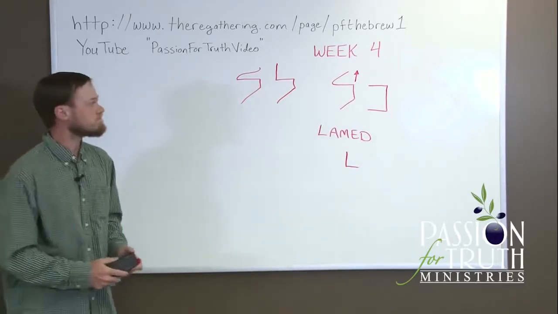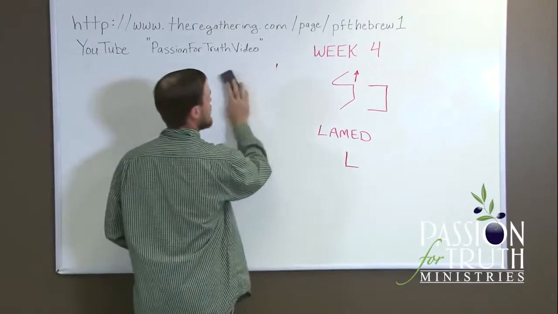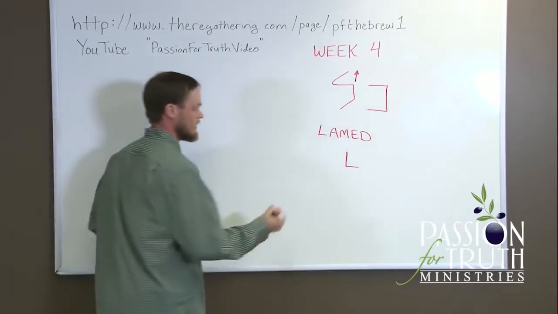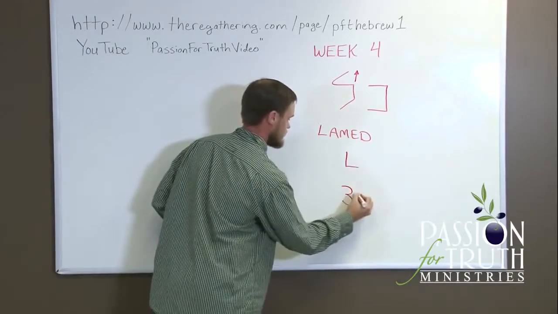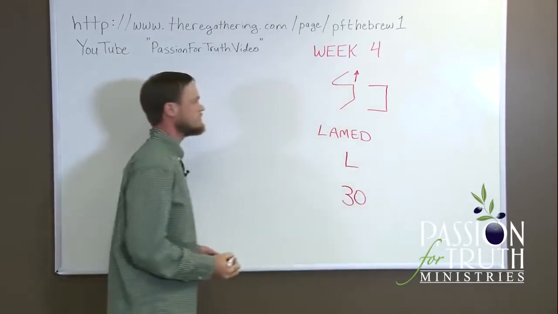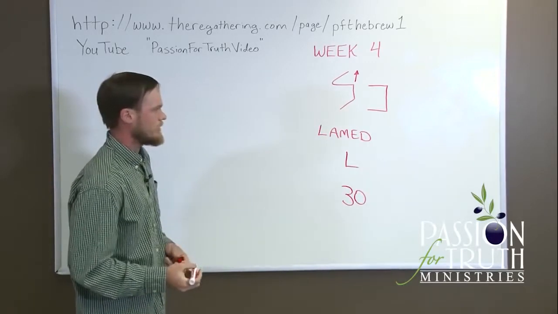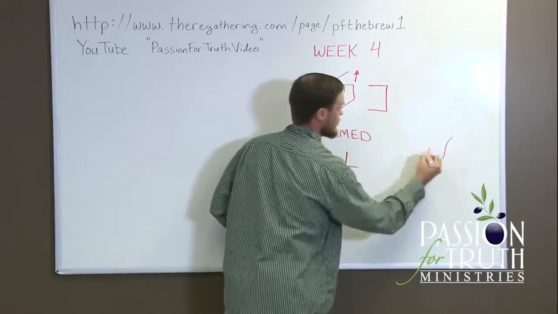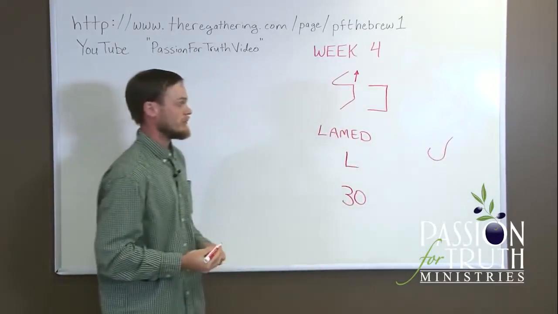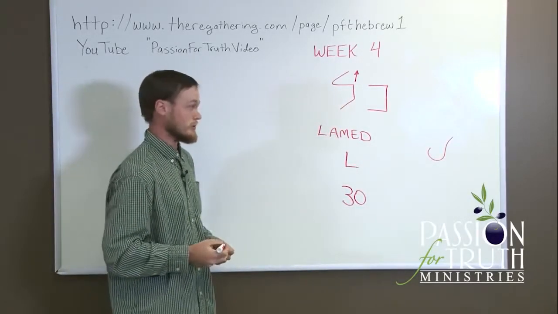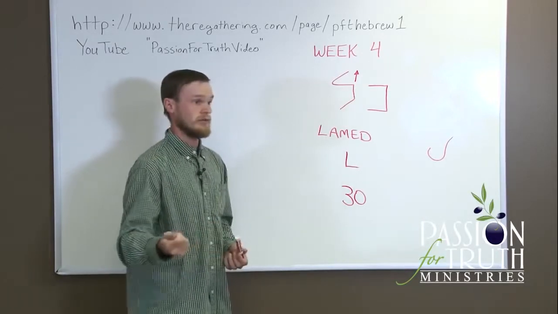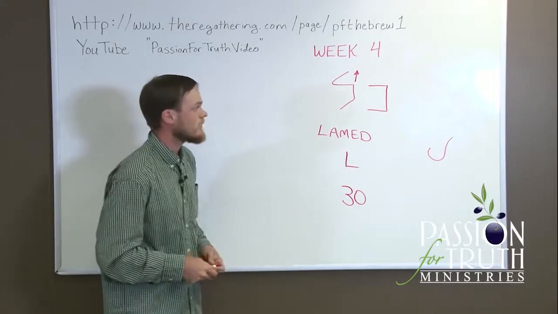Okay. Numerical value of Lamed is 30. And in Paleo-Hebrew, the Lamed looks something like this, although you'll see it flipped around in all kinds of different formations. What it represents is a shepherd's crook, shepherd's staff.